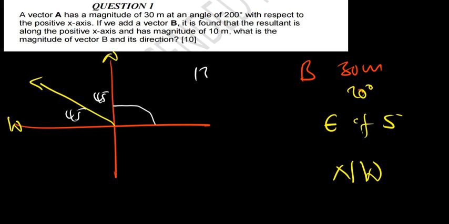Yes, 135. What if I say 180 minus 45? What would be the answer? 135.